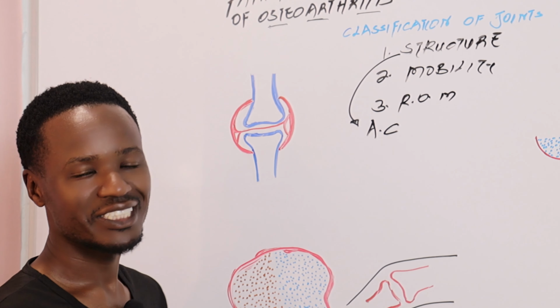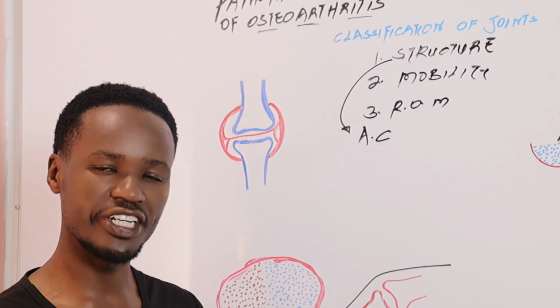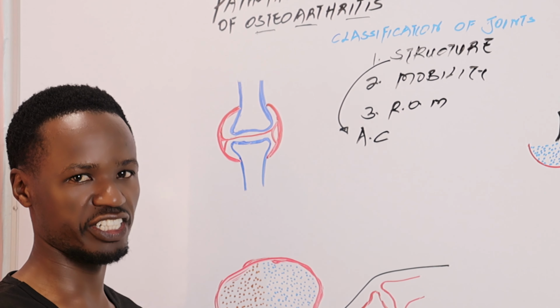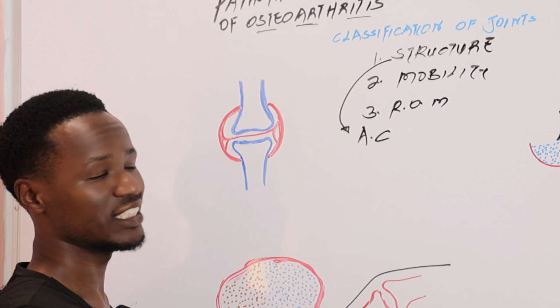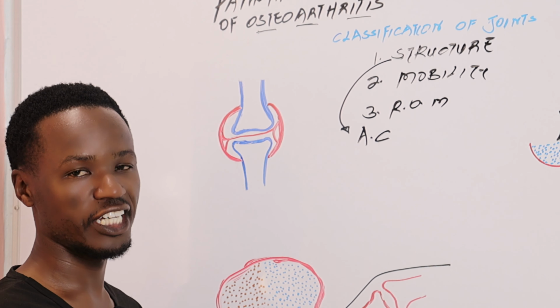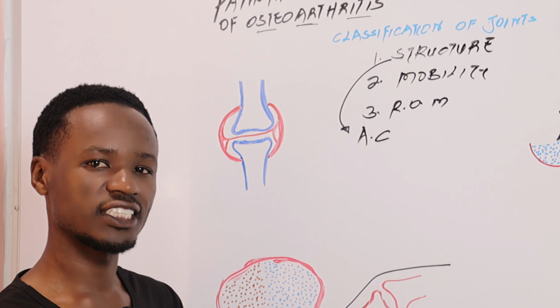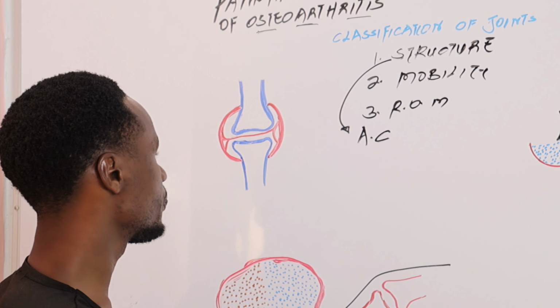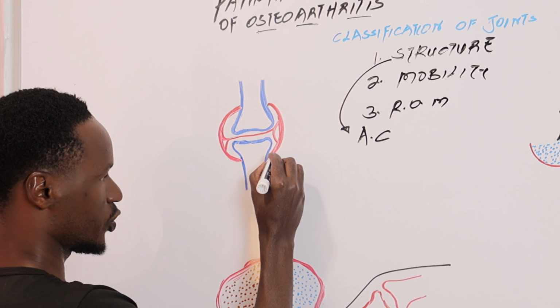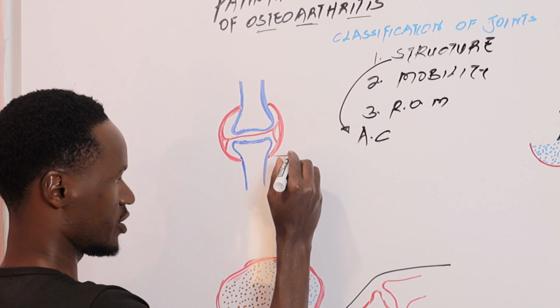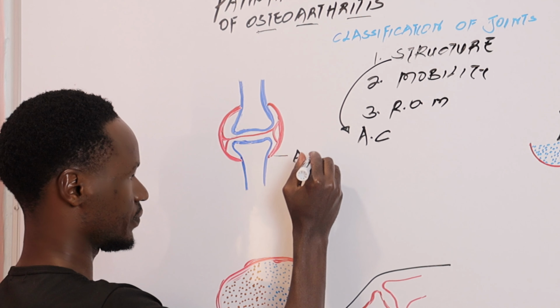And in order to understand the pathophysiology or the disease process of osteoarthritis in this case, let's now go down to look at the articular cartilage and its components to understand how this disease comes about. So this structure that I've drawn in red is the articular cartilage.